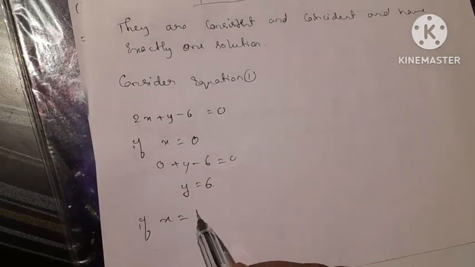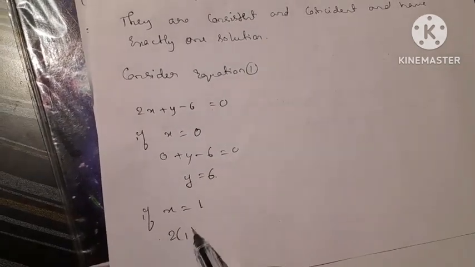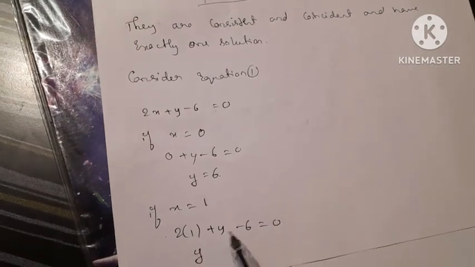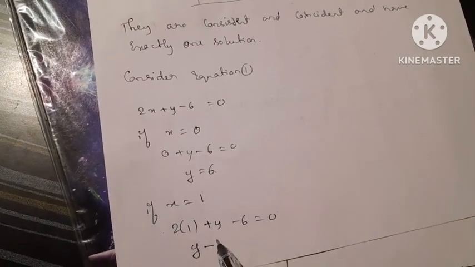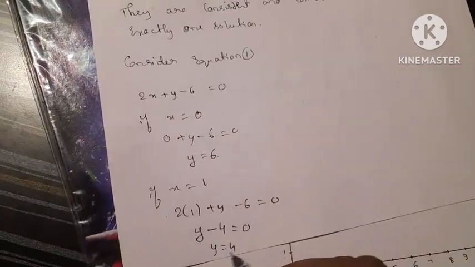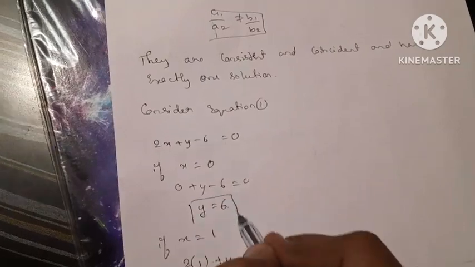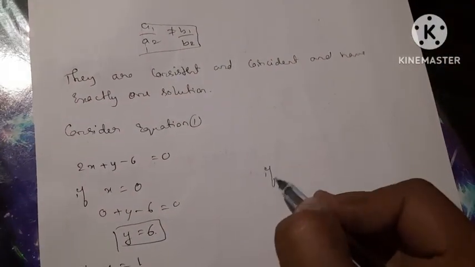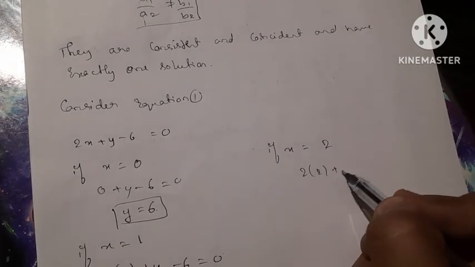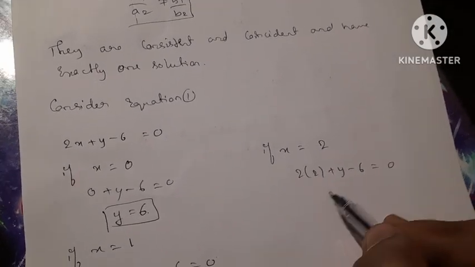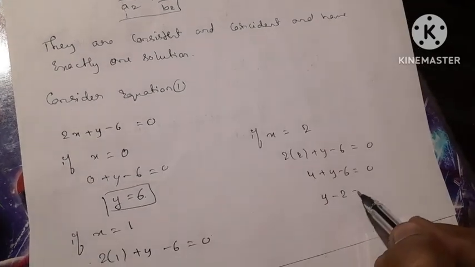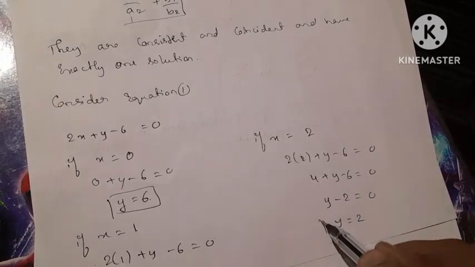If x is equal to 1, 2 into 1 plus y minus 6 equal to 0. So y plus 2 minus 6 will be minus 4 equal to 0. So y will be equal to 4. And if x is equal to 2, 2 into 2 plus y minus 6 equal to 0. So 4 plus y minus 6 equal to 0. y minus 2 equal to 0. y will be equal to 2.